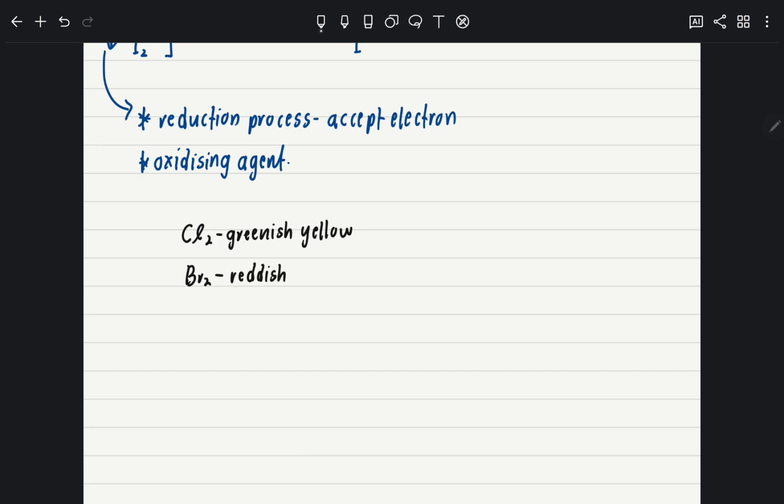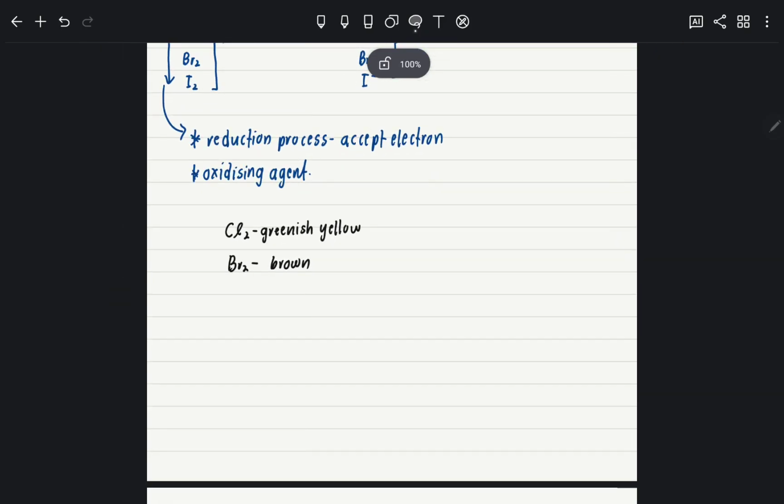But when it comes to solution, we always prefer brown, okay? Because reddish brown depends on concentration. If very concentrated, then we write reddish brown. So my advice for you, for your level, to state bromine's color, just write brown. Okay, it's good enough.